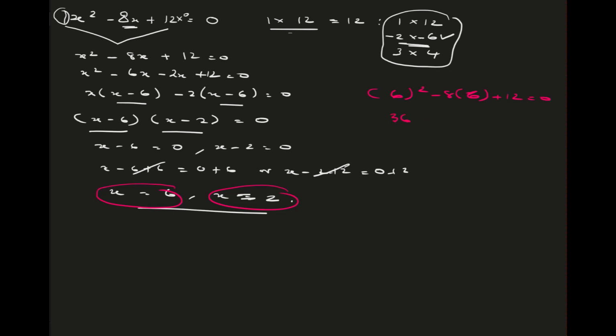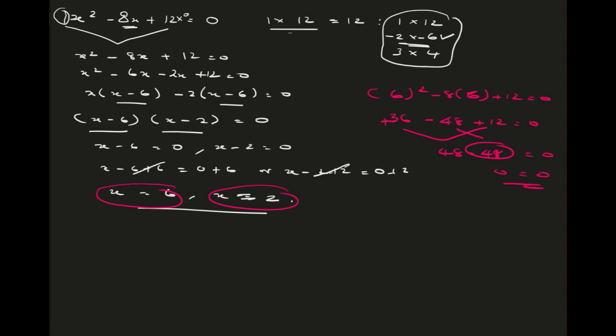This is 36 minus 48 plus 12 equal to 0. These are positive, so we can put them together. It will give me 48 minus 48, and this 48 is coming from there. So 48 minus 48, 0 is equal to 0. So that's right.